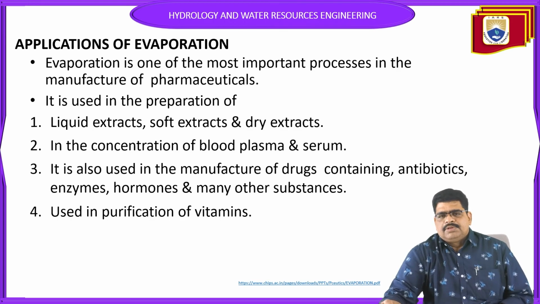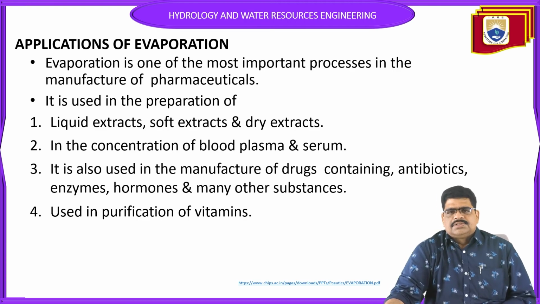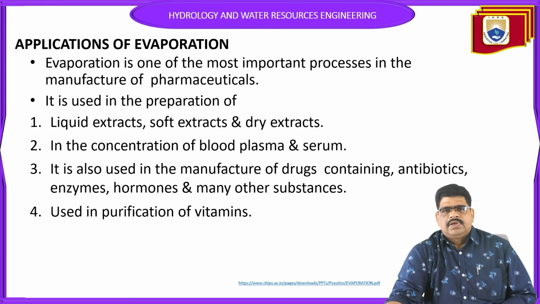Not only that, it can be used for irrigation purposes. According to the evaporation process, how much water is required for the entire growth of a crop can also be estimated by using evaporation as well as evapotranspiration.